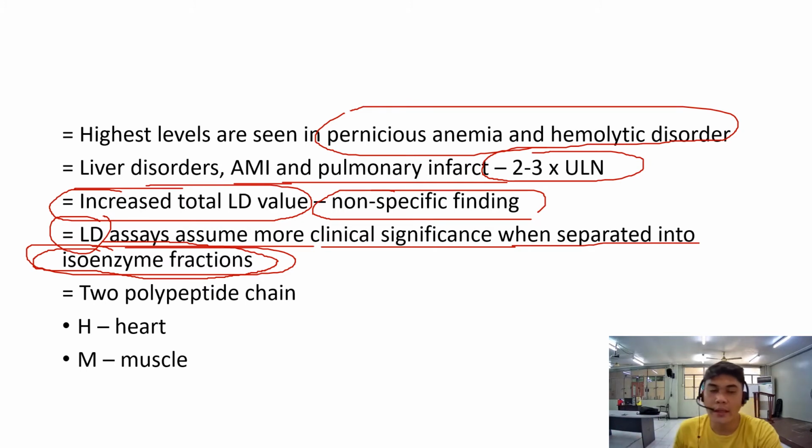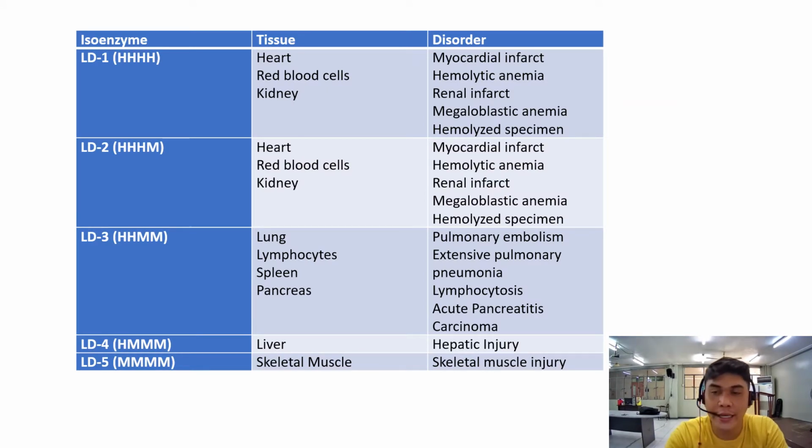Now, regarding the peptide chains of lactate dehydrogenase, there are two polypeptide chains, the H and M. H means heart, M means muscle. We have 5 major isoenzymes of lactate dehydrogenase: LD1, 2, 3, 4, and 5.